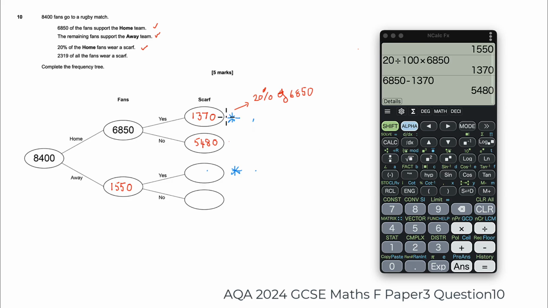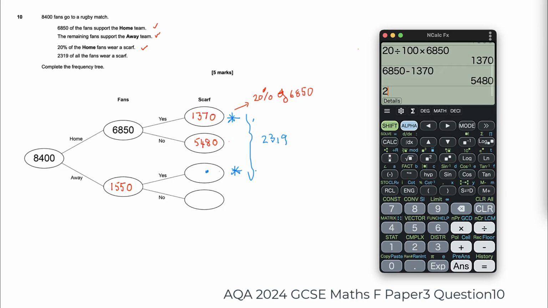And we're told that the total of these two is 2,319. So to find this, we'll take the difference between 2,319 and 1,370.